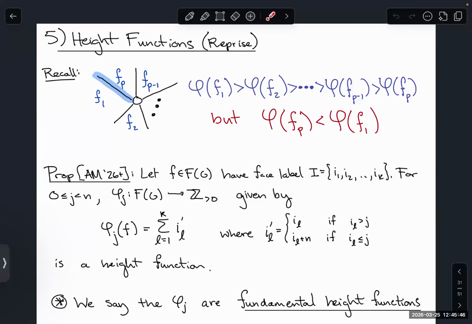When I go to phi 1, now I'm considering every face label entry of 1 as 1 plus n. So I'm shifting that to be the new maximal thing, and 2 becomes the smallest element of all my face labels. And as I increase j to 2, I change all 1s to 1 plus n's, all 2s to 2 plus n's, and I get this shifting of that order. It turns out these are height functions, and these are what we're going to call fundamental height functions.